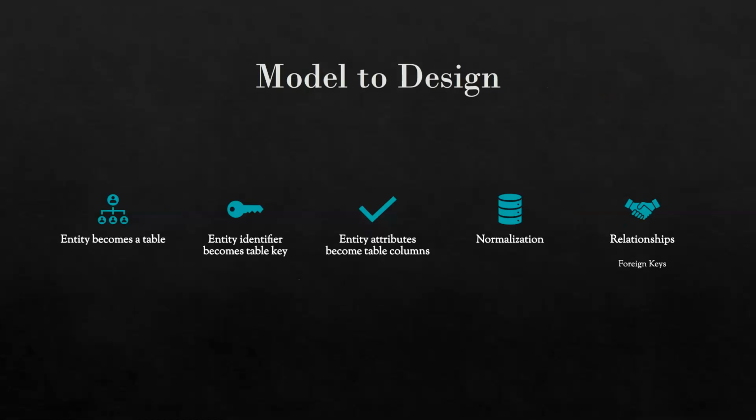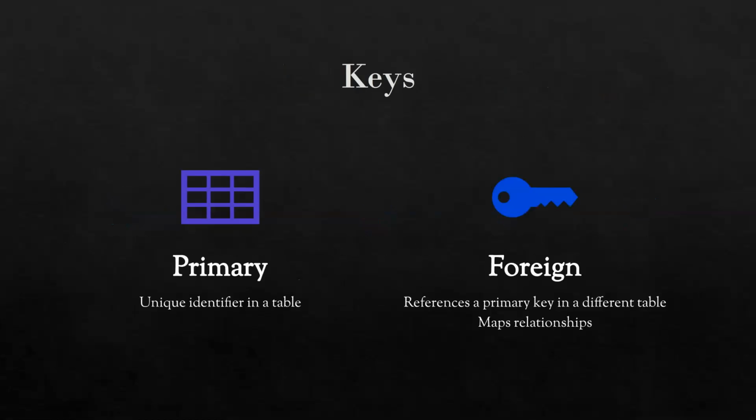So when we take a model and convert it to a design, our entities become a table, the entity identifier becomes a key, our entity attributes become the table columns, we use normalization, and then we build any relationships using foreign keys. We have 2 types of keys, as I mentioned. The primary is a unique identifier, student number, social security number, okay?